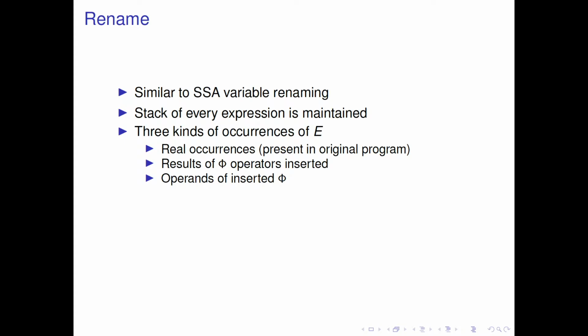This phi you have introduced as part of your SSA formation. Now this phi will have some arguments which are expressions, and the result will also be the same expression. So there are three kinds of occurrence, 1, 2 and 3.